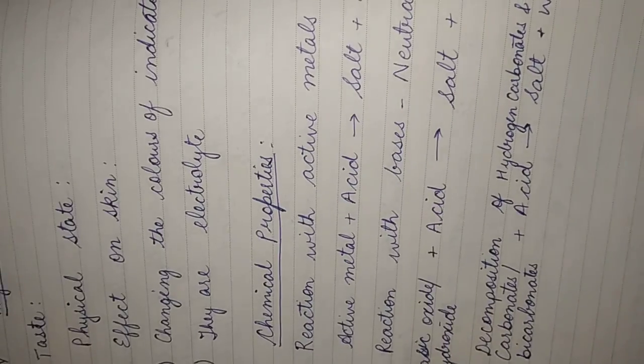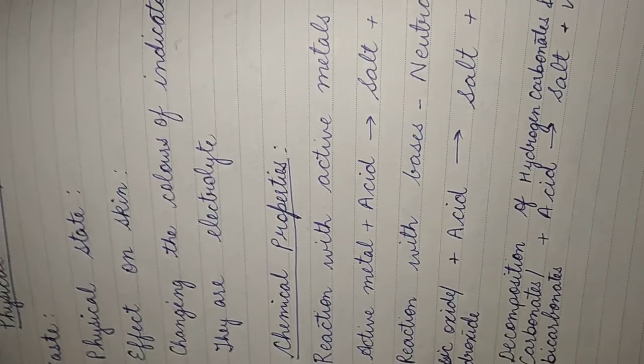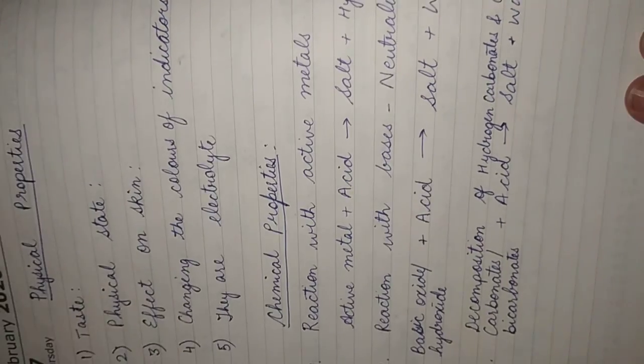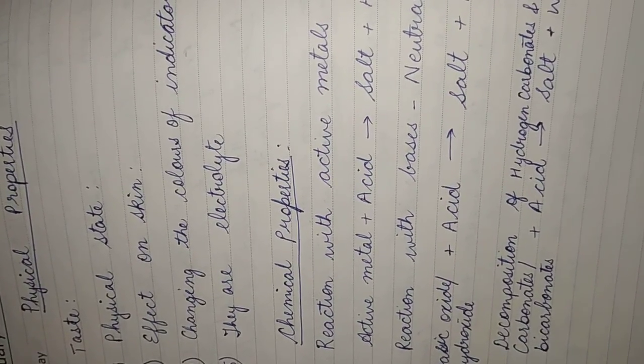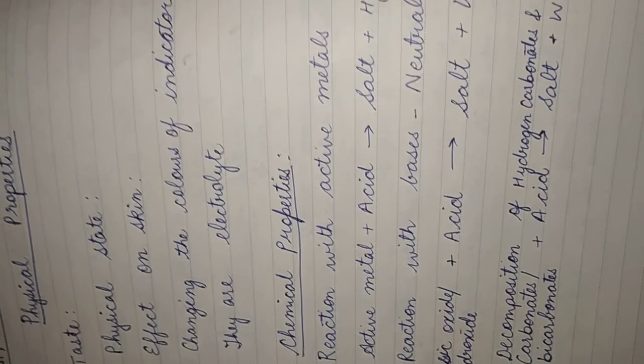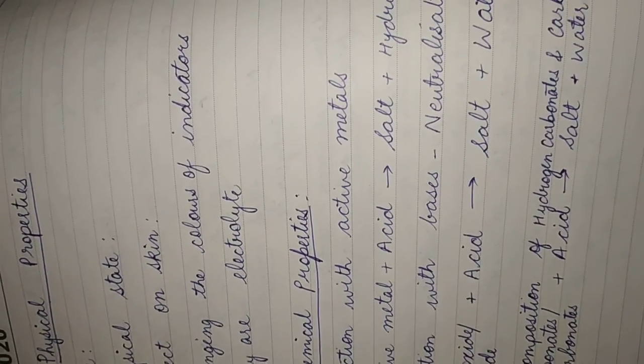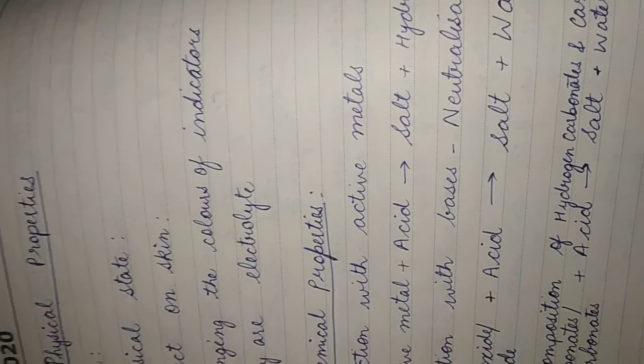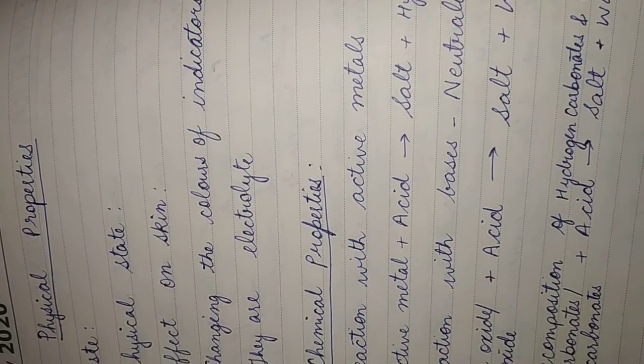Now comes the chemical properties. Now what are chemical properties? The first is reaction with active metals, right? With active metals, the acids react to form the salt and liberate hydrogen gas, right?